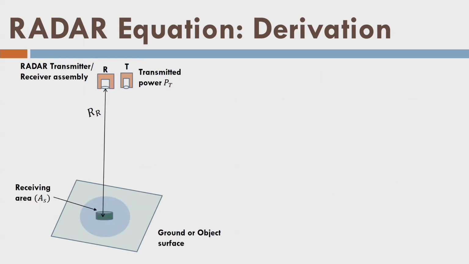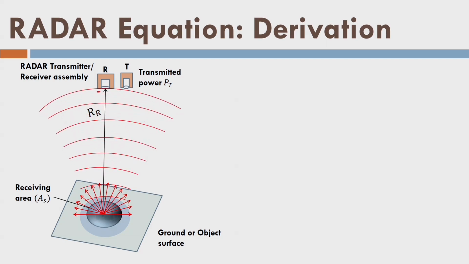Now we will see again the surface area is there, and there is a receiver near the transmitter. The receiver has a distance of RR from the surface area. The surface area behaves like a reflector like this, so it is reflecting energy in its surroundings. As a result, the reflected backscatter will travel to the receiver in a wavefront form like this.